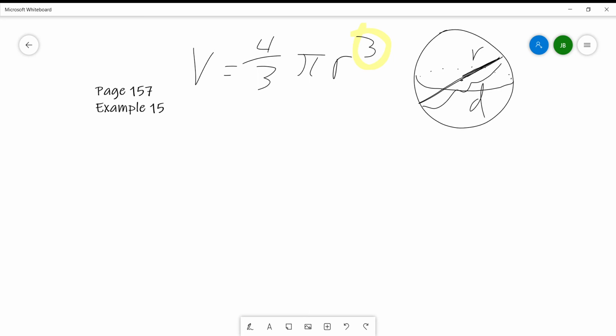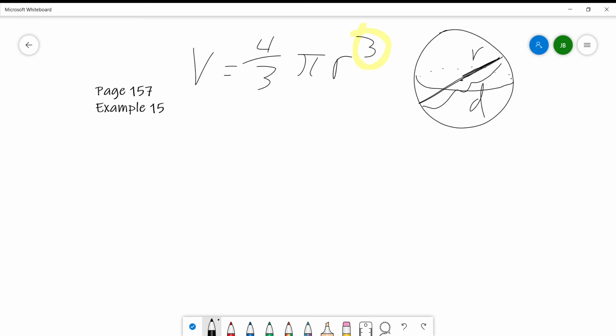The volume of the sphere, we start our work by copying that at the top of the page because that's just good practice. Next, we're going to plug in the values that we know.